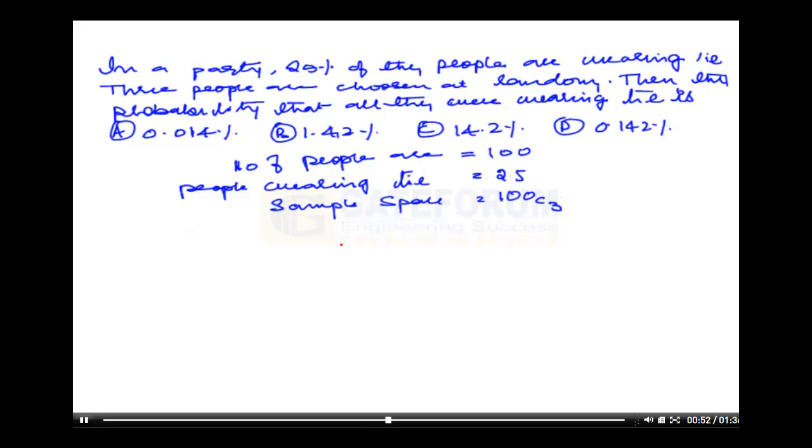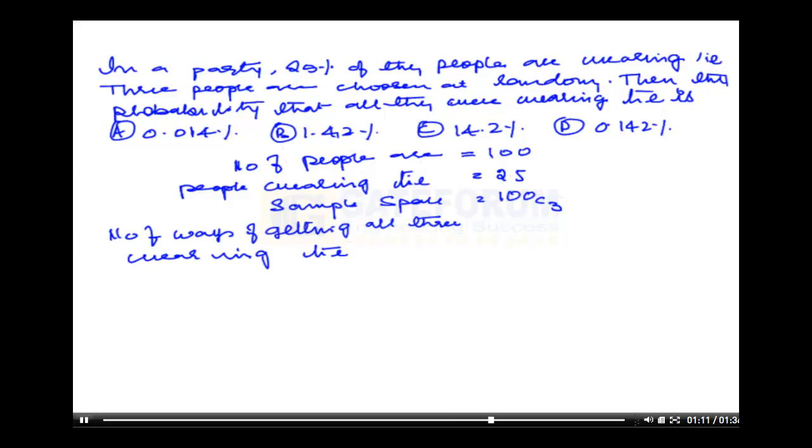So the number of ways of getting all the 3 wearing ties is 25C3.